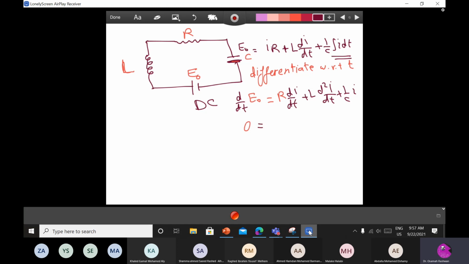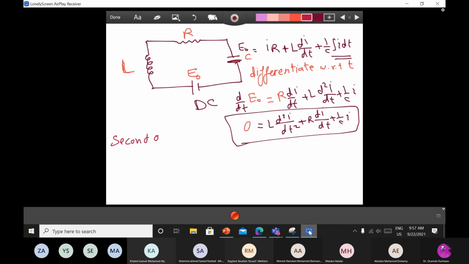Now, this 0, I just order them: L d squared i by dt squared plus R di by dt plus 1 over C i. This is what? A second order differential equation. Homogeneous or non-homogeneous? Homogeneous, because I don't have a function of the independent variable t on the right-hand side. Homogeneous, yes, with constant coefficients.